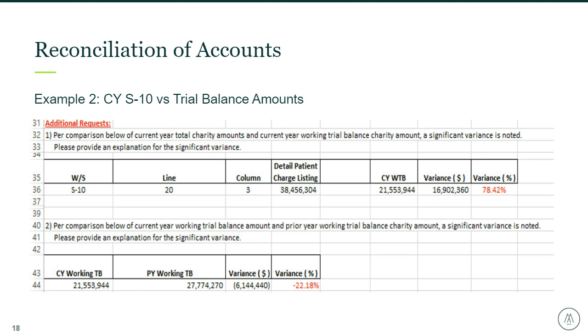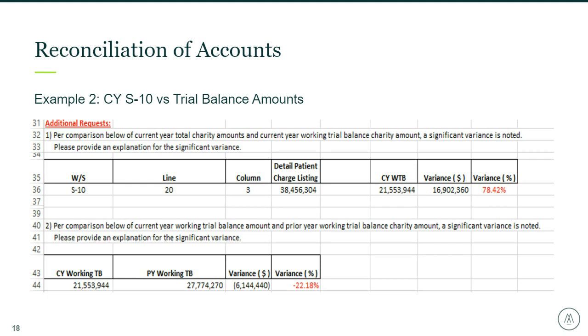For this particular provider, their policy allows for uninsured discounts to be included. This facility has uninsured discounts that are not mapped to the charity account reported on working trial balance. The uninsured accounts, like most facilities, are reported in another contractual's account, which cannot always be easily mapped and reconciled from the trial balance.